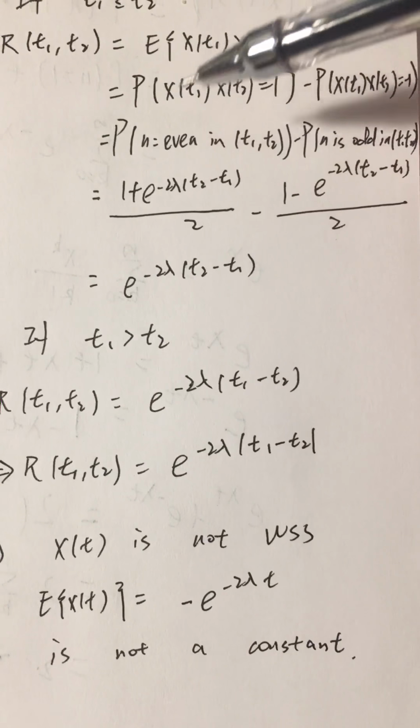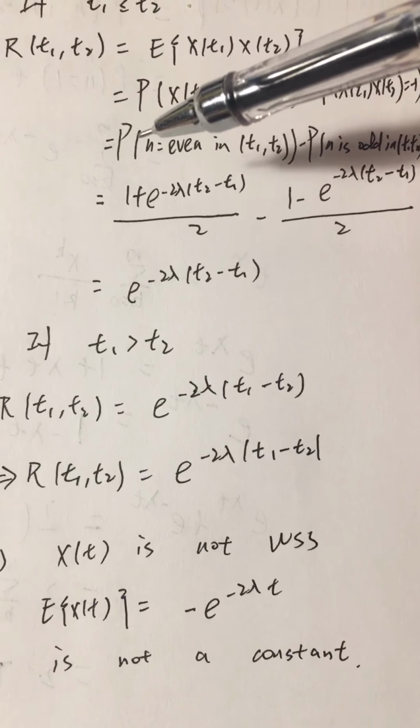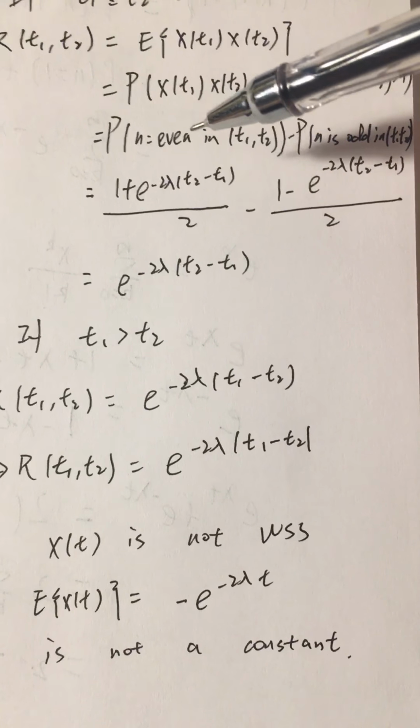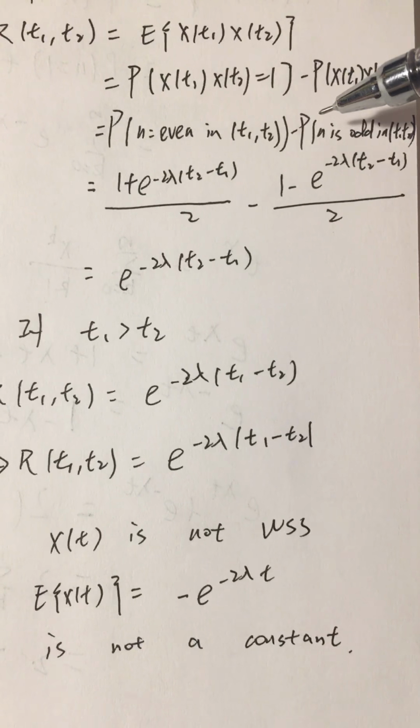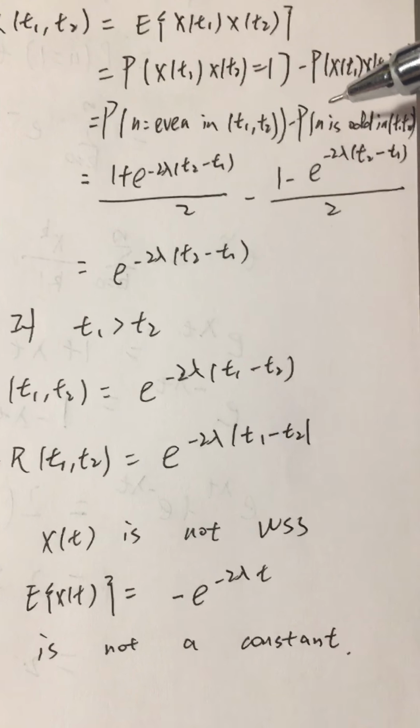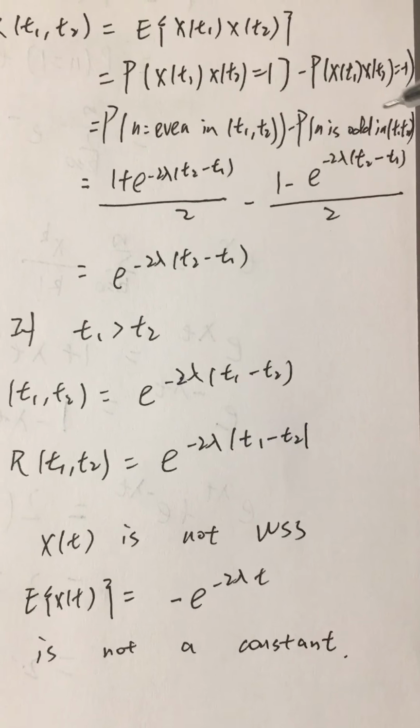So this equals the probability N is an even number in t1 to t2 minus the probability of N is an odd number in t1 to t2.